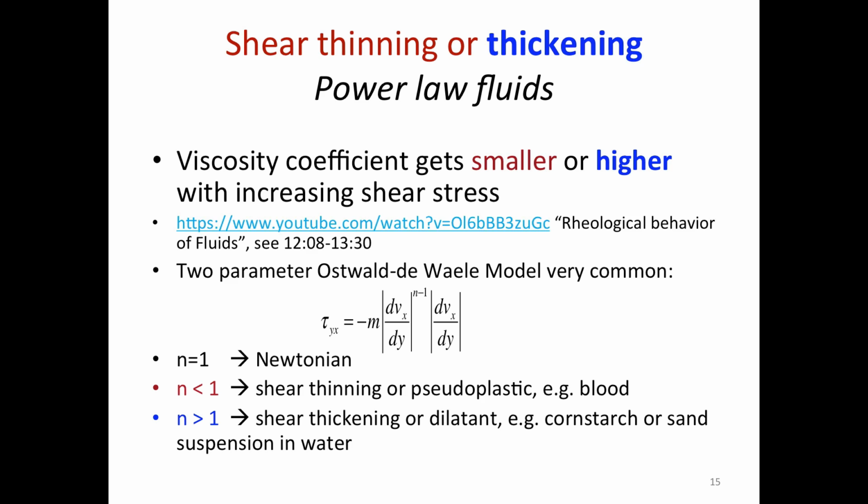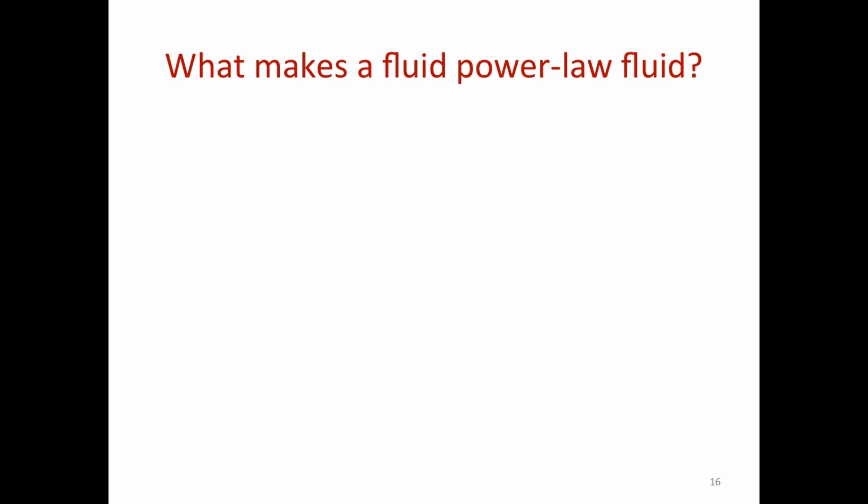For n less than 1, I will actually have a shear thinning fluid, or so-called pseudo-plastic. A lot of foams behave that way, and also our blood. And for n larger than 1, we will have shear thickening or dilatant fluid, and the cornstarch or sand suspension in water was behaving as a shear thickening fluid.